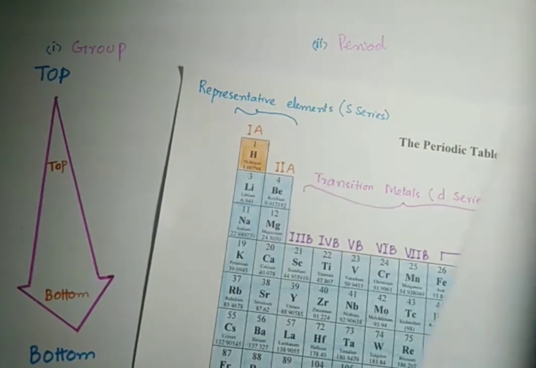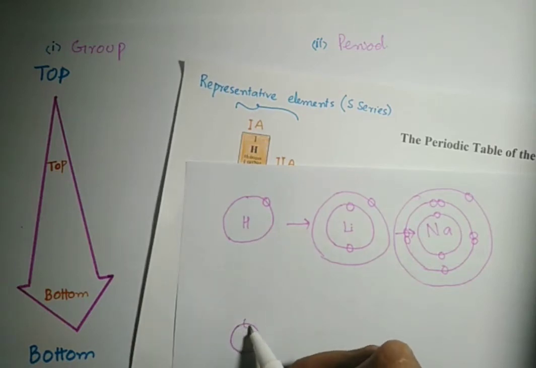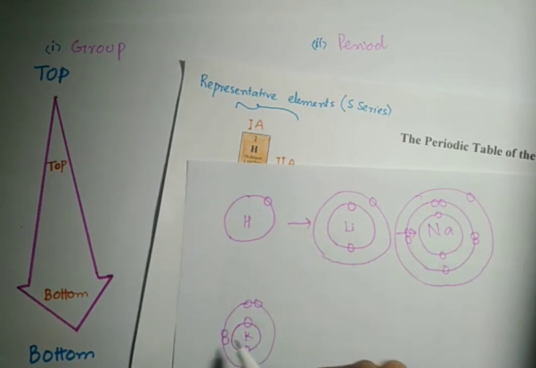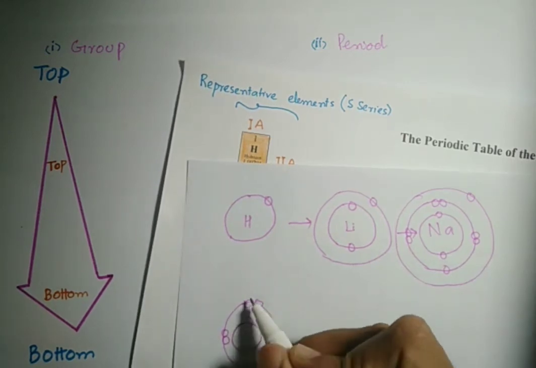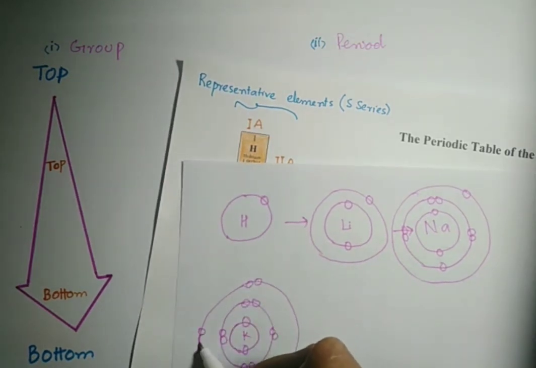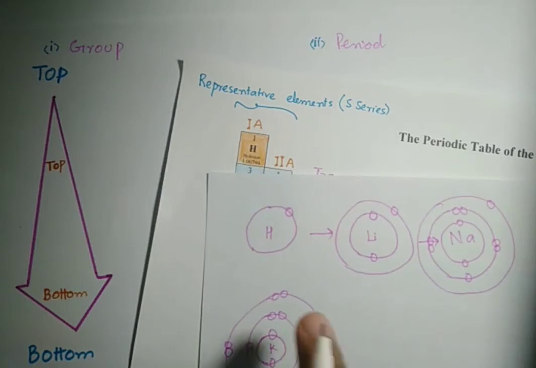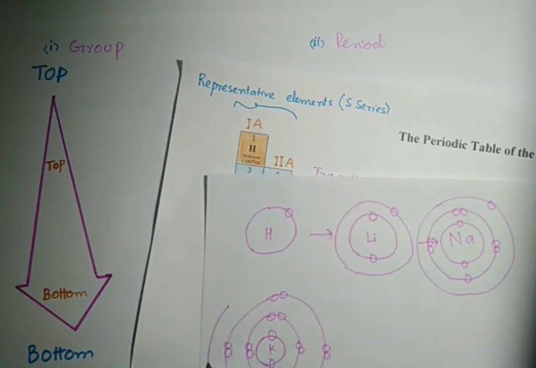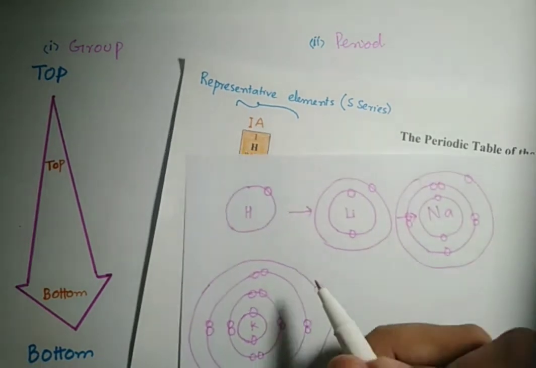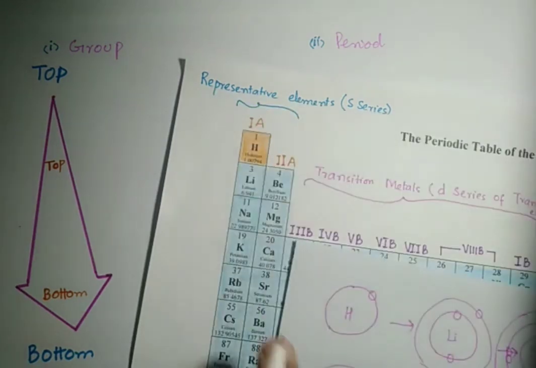That potassium contains 19 electrons, which means 2 electrons are present in the inner shell, then 8 electrons are present in the second shell, which gives it 10, then 8 electrons are present in the third shell, which means that it is 18, and another electron is present in the outer shell, which gives it the number 19. It has 19 electrons, as we know.